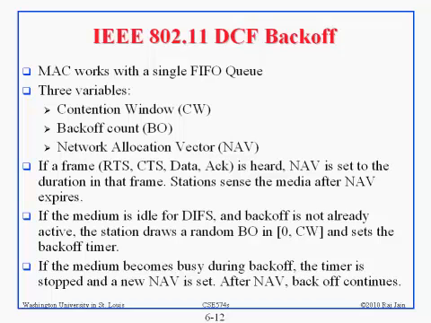So the main change is as to how the NAV works, network allocation vector. Right? So there are 3 variables: contention window, backoff timer, and network allocation vector. And how the duration in these things work: RTS, CTS, data, and ACK.